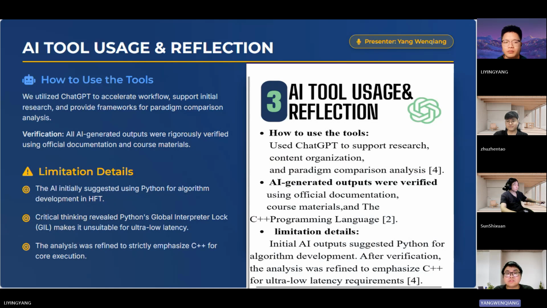So we finally chose C++ for core work. We compared different languages carefully to pick the most suitable one for our HFT requirements. We learned that AI is a great helper, but human verification is always necessary. It can improve our work efficiency, but we must always confirm every detail by ourselves.